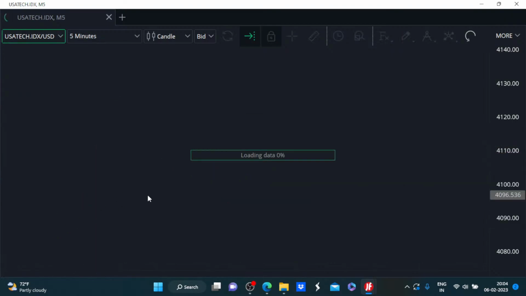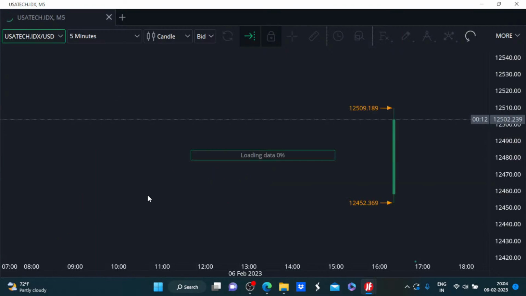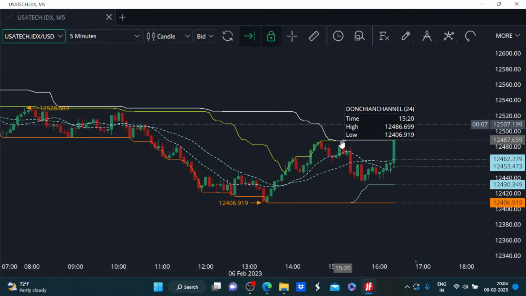Let's consider the Nasdaq as well. Nasdaq even made this prior swing high slightly above the immediate 4 hourly high.